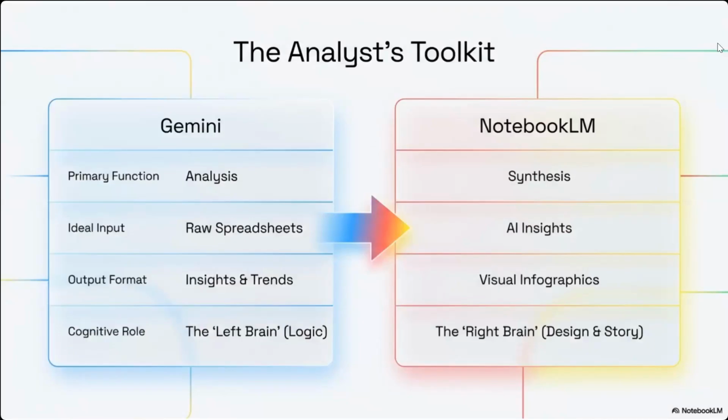We're going to see how it can analyze some spreadsheets and data, how it can pull out insights and trends, and use that left brain side, our logical side, to get the data that we need in order to feed it into NotebookLM, which is going to take those insights, turn it into a visual infographic, and design a story for us to share how we're feeling about this AI course.